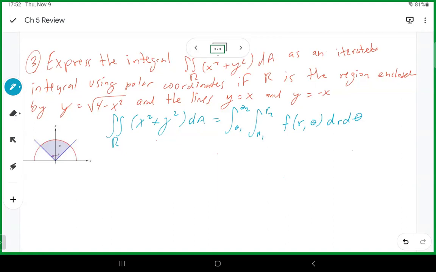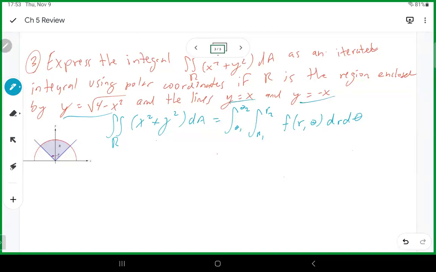So we want to use the theorem of iterated double integral in polar coordinates. The function is continuous over the closed bounded region. So what does that tell us? That tells us that in polar coordinates, the region R is enclosed by this, and this, and this.